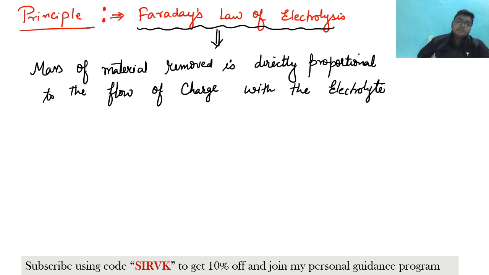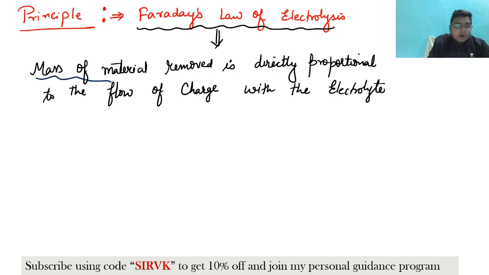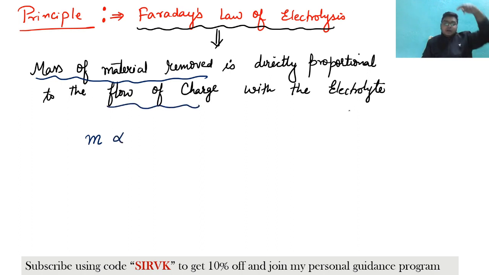What is the meaning? Suppose you are removing m mass of material. The mass of material removed is directly proportional to the flow of charge within the electrolyte.